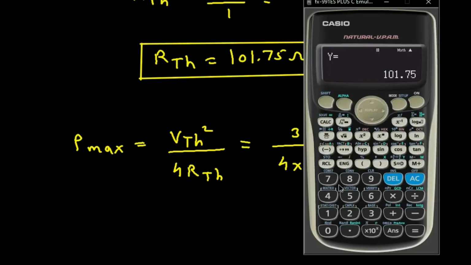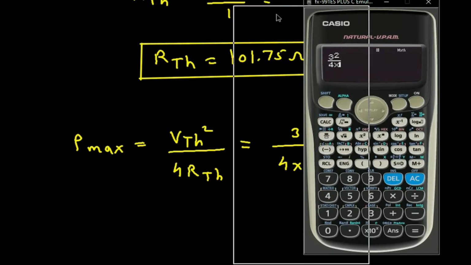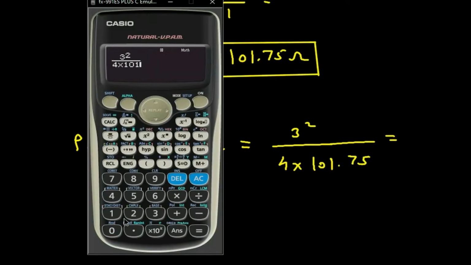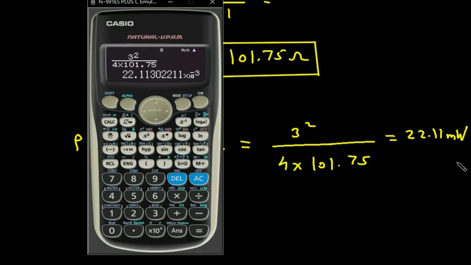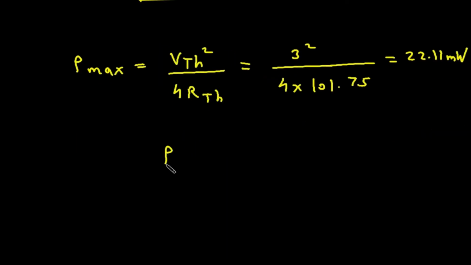So this will be 3 square divided by 4 into 101.75. So it is 22.11 milliwatt. This is the value of Pmax. Pmax is equal to 22.11 milliwatt.